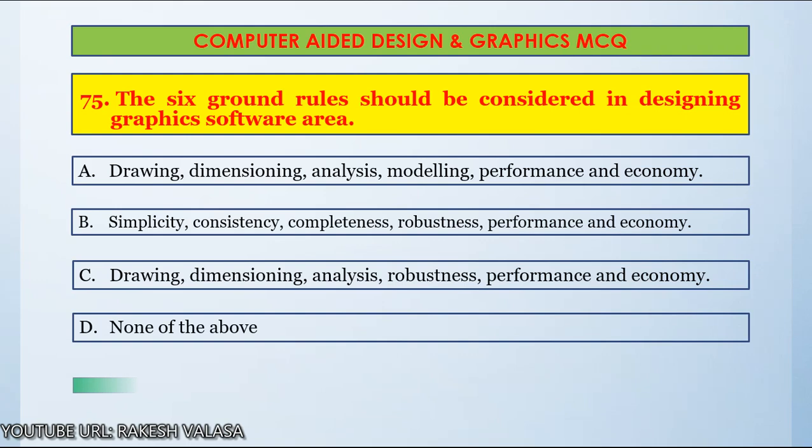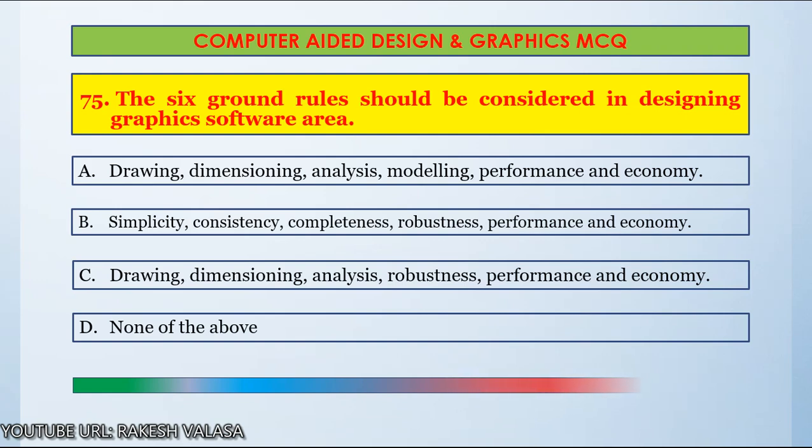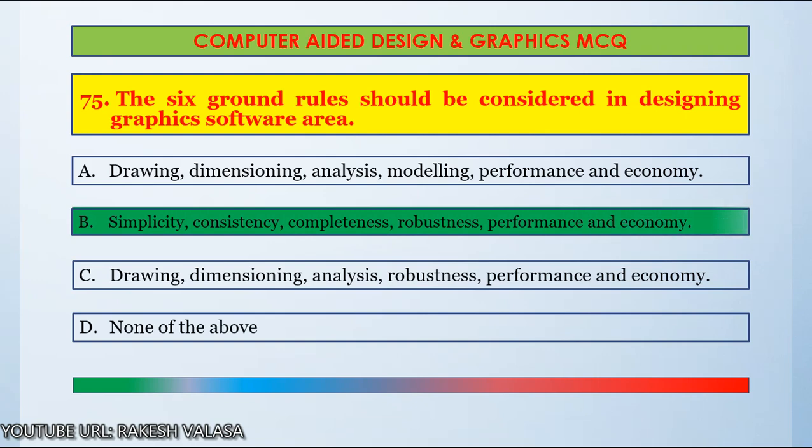Let us count down start. If you know the answer, please post in comment section. Time up. The answer is simplicity, consistency, completeness, robustness, performance and economy. These are the six ground rules should be considered in designing graphics software area.